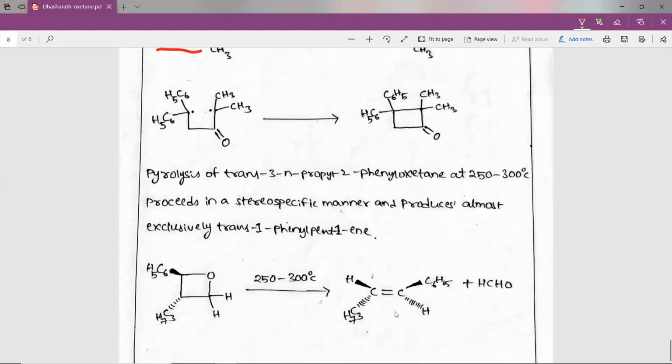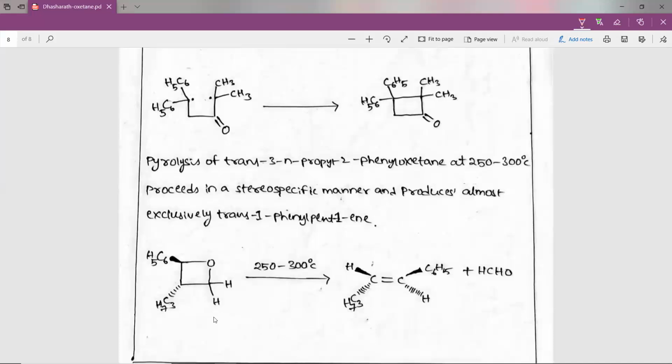Similarly, another example here, pyrolysis of trans 3-n-propyl 2-phenyl oxetane.